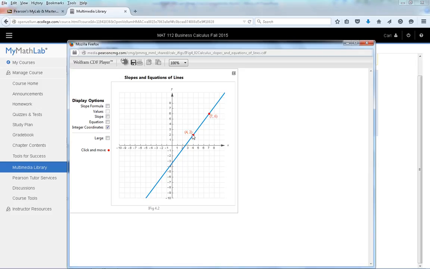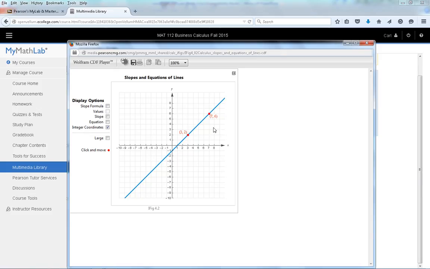Notice that as I move one of these points around, the steepness of the line changes, and it even can go to decreasing as you read left to right. It can be horizontal. Of course, it can be vertical, or anything in between.